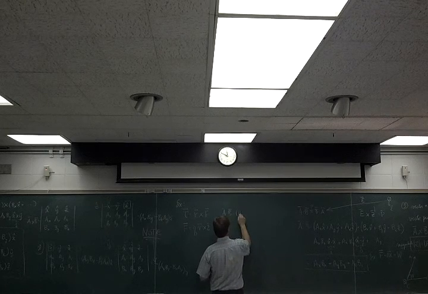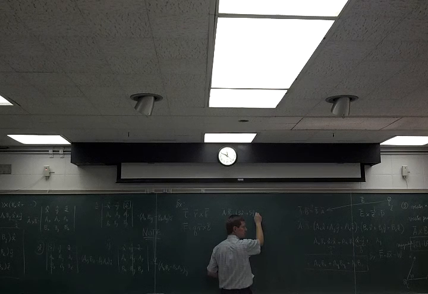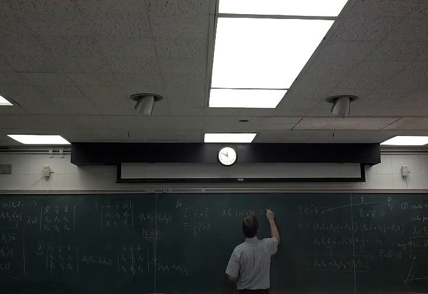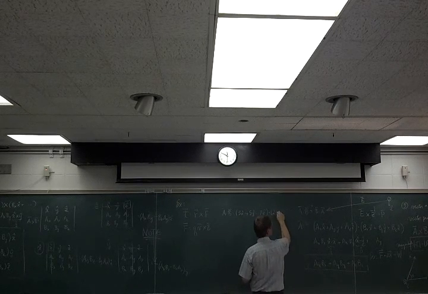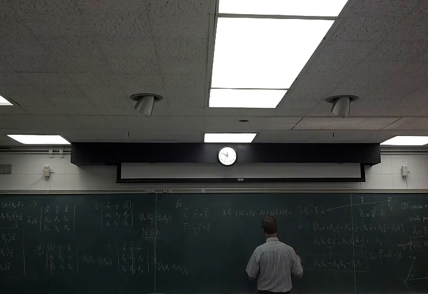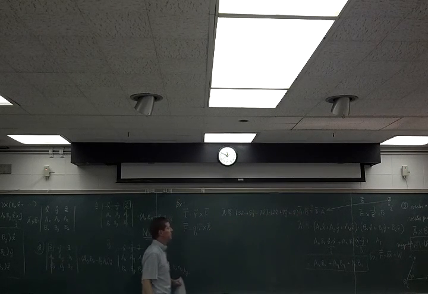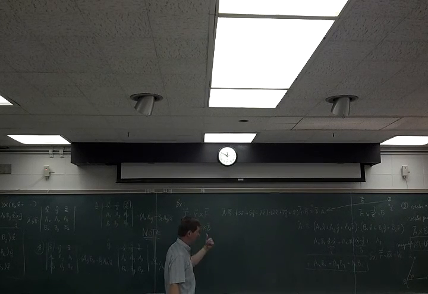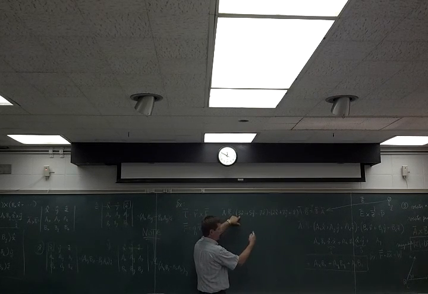Well, we have 3x hat plus 5y hat minus 7z hat, dot 2x hat plus 7y hat plus 1 z hat. Okay? So how do we do this? What survives? Like components. The multiplication of the like components.